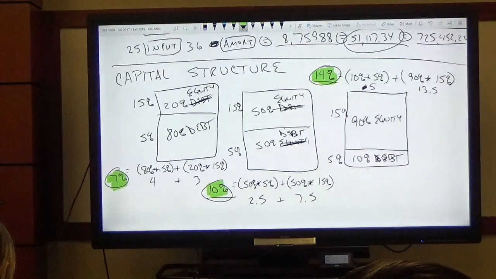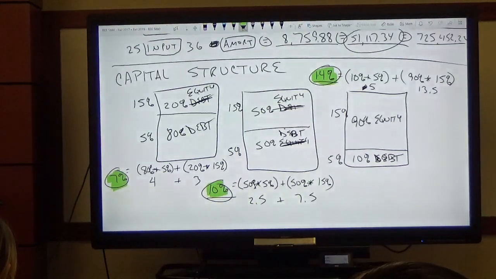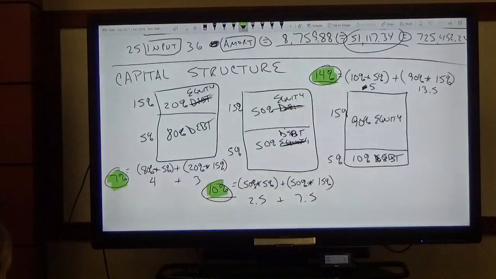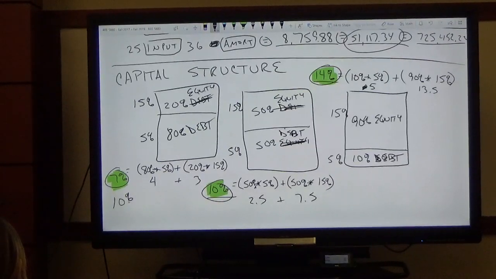Keep in mind, the ones in green are your costs of capital. So now if I were to go back and say the project actually yielded a 10% rate of return, then what we would do is reverse the math. If we got 10% here, this doesn't change. It's still going to be 4, so that would mean over here, this would have to be 6.